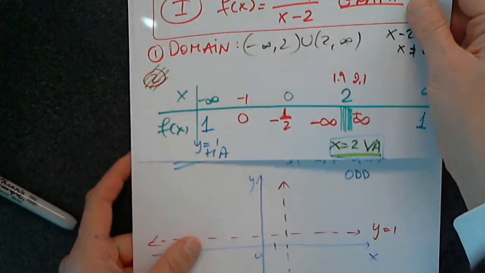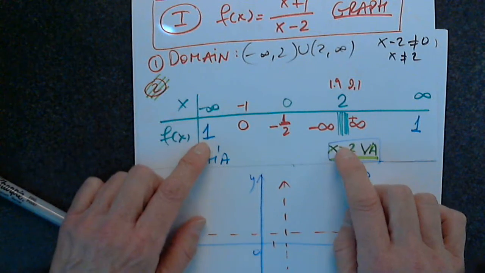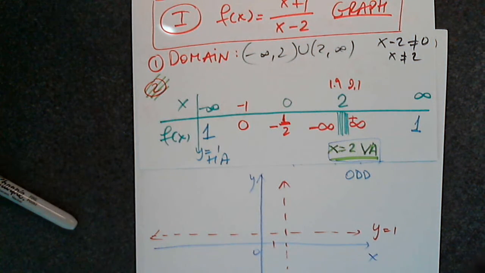Good. Very good. So now let's take a look at the table. I'm going to try and make sense of the information I have first. So a horizontal asymptote is this line, right? So let's see what we have. It's coming from 1 to negative 1, 0, this point, crossing at 0, negative 1/2 at this point, and going to negative infinity on the left-hand side of the vertical axis.